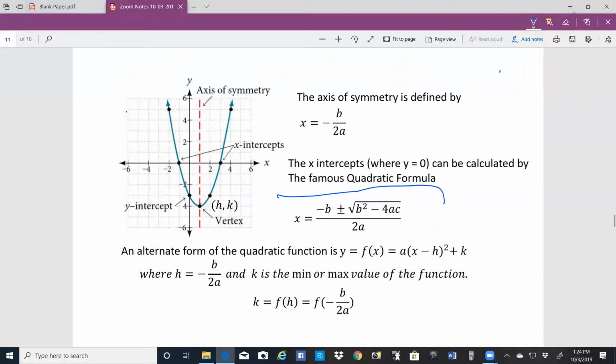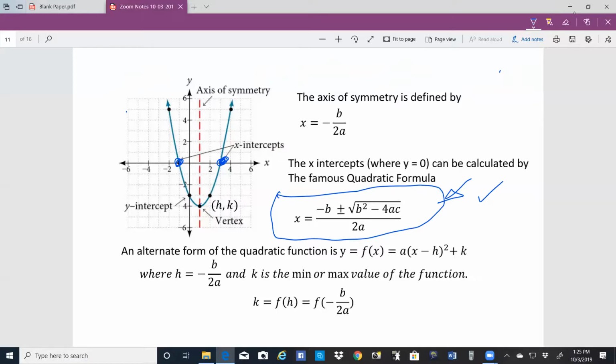It's probably one of the most famous formulas in the world, that for any quadratic function, this will give you the x-intercepts. That is where the parabola goes through the x-axis. So just plug in here and you got it.